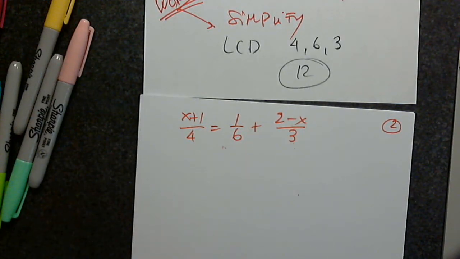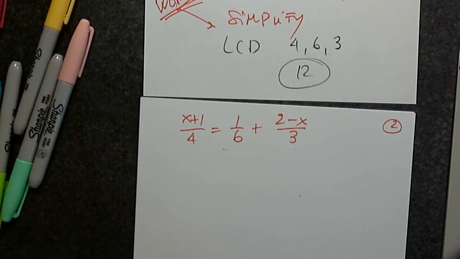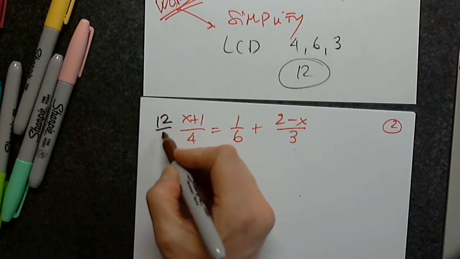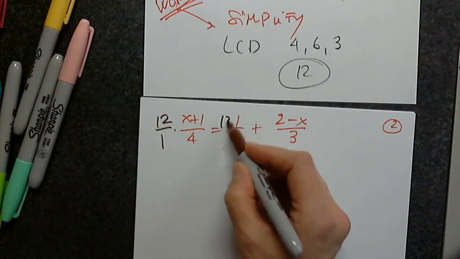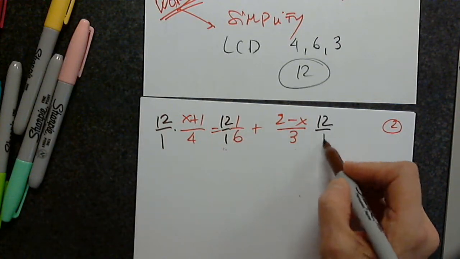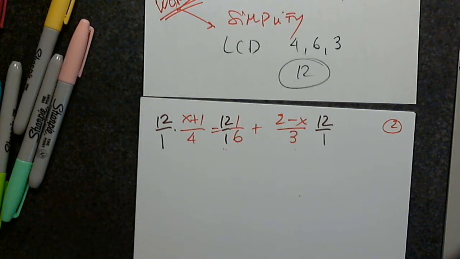You gave me the correct least common denominator. Since they're all fractions, I'm going to write 12 over 1 times 12 over 1 times 12 over 1. Always remember the key words, simplify and factor. Do not multiply and then simplify. Always simplify and then multiply.